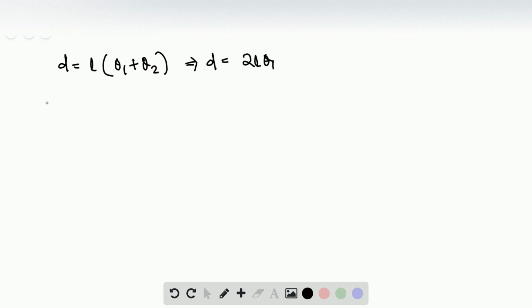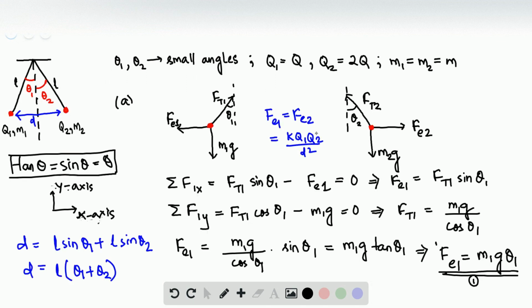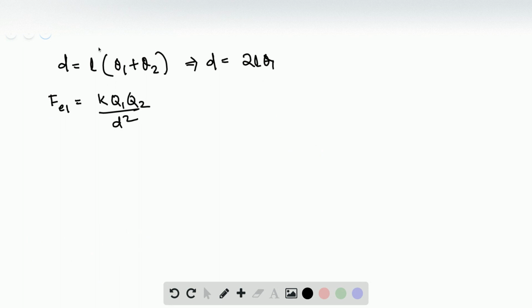Now the force of repulsion between them, let's say Fe1, which is also equal to Fe2, is given by K Q1 Q2 over d square as written over here. And Q1 and Q2 are given as Q and 2Q respectively. So this will be equal to 2 times KQ square over d square.